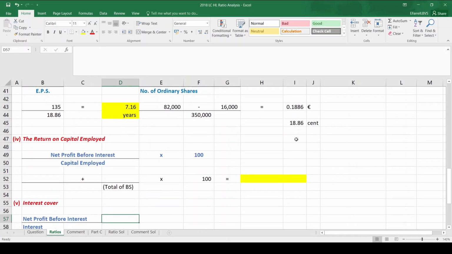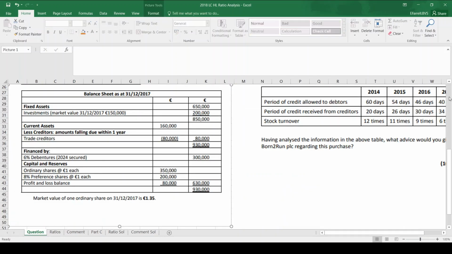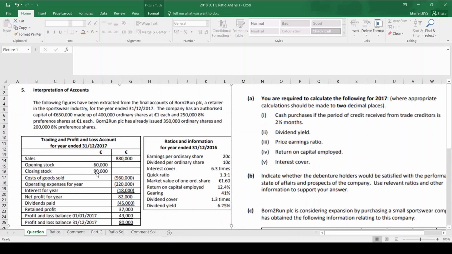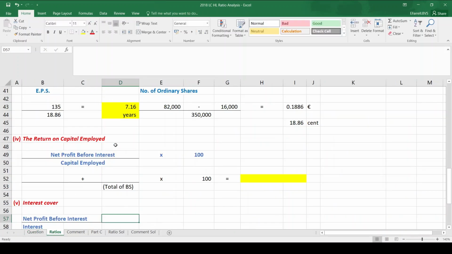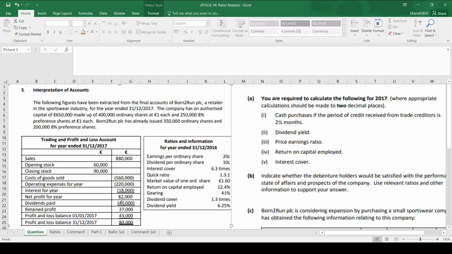The next ratio we have to work out is return on capital employed. So ratio number 4 we're asked to work out is return on capital employed. So the formula for this is net profit before interest over capital employed multiplied by 100. So in the question, my net profit of 82,000 is after the interest has been taken away.